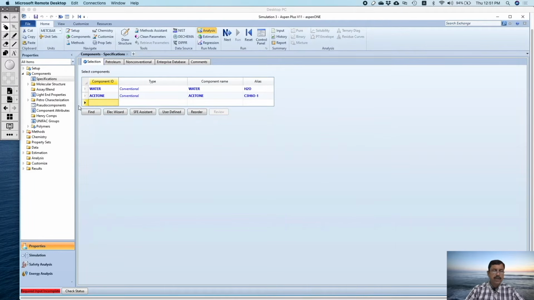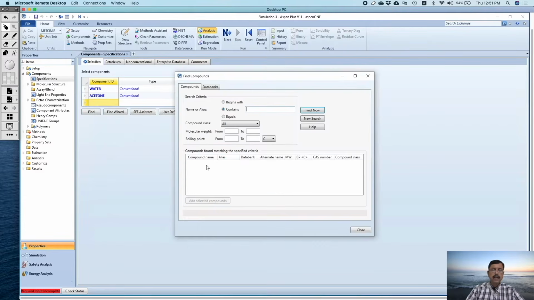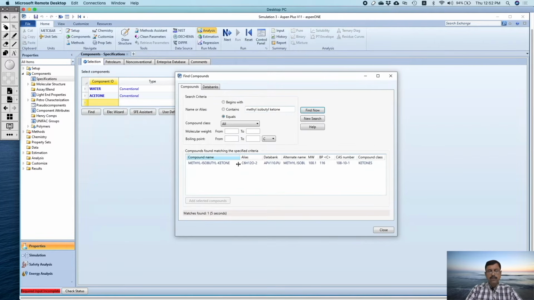For that, you have to press Find, and here there are several search criteria available. For instance, if you say name or alias equals methyl isobutyl ketone and click Find Now, it will look for methyl isobutyl ketone, dig out the actual component that you are looking for, and suggest it to you.